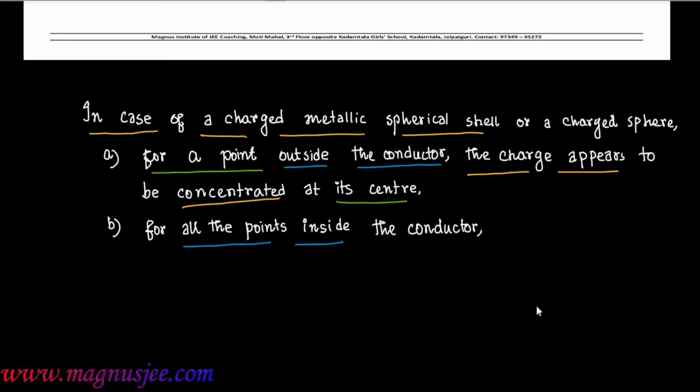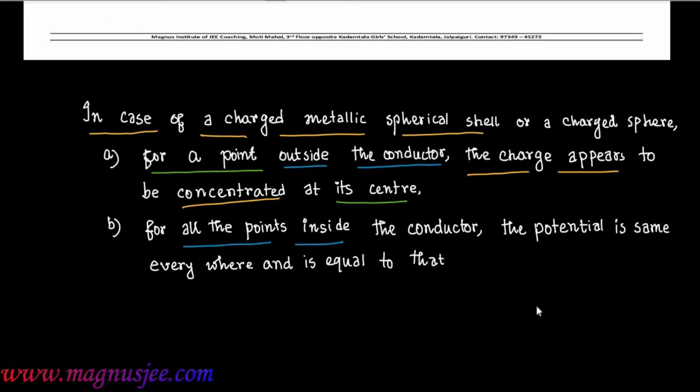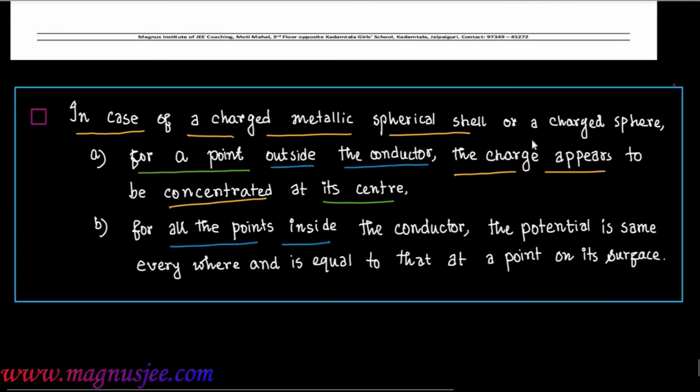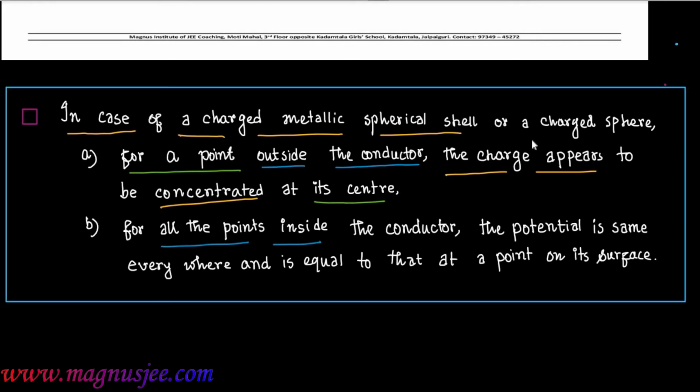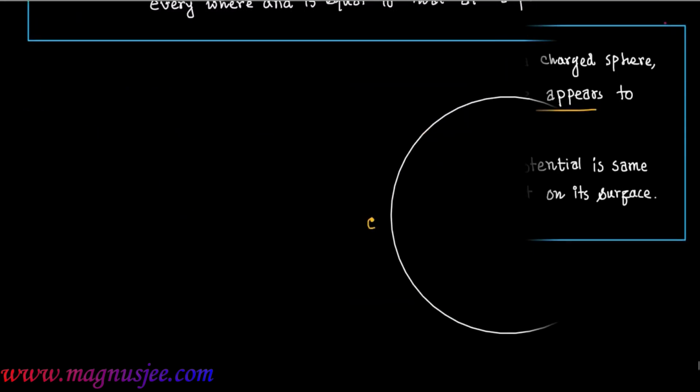For all the points inside the conductor, the potential is the same everywhere and is equal to that at a point on the surface of the shell. That is the main concept to solve numerical number 12 in case of a charged metallic sphere.